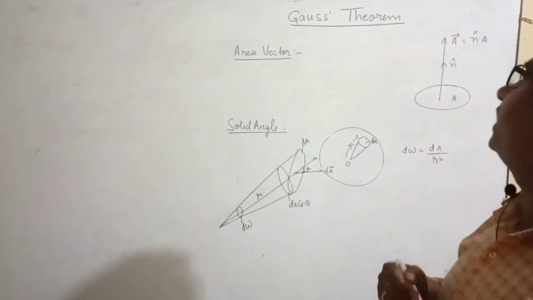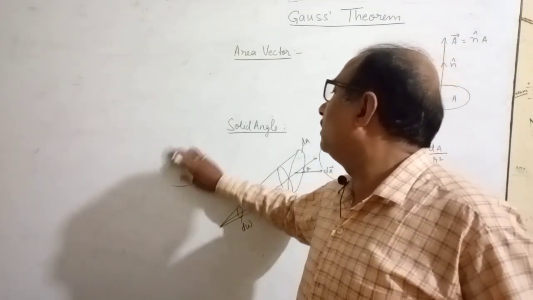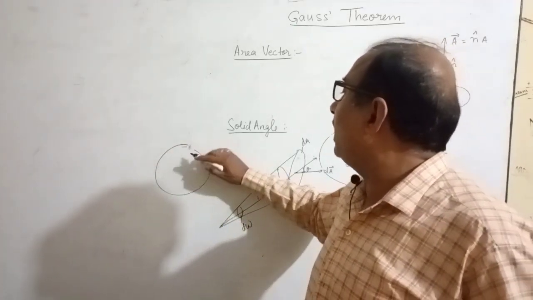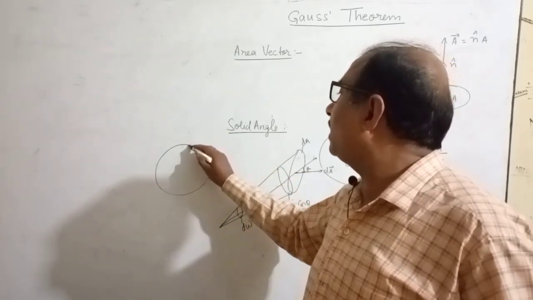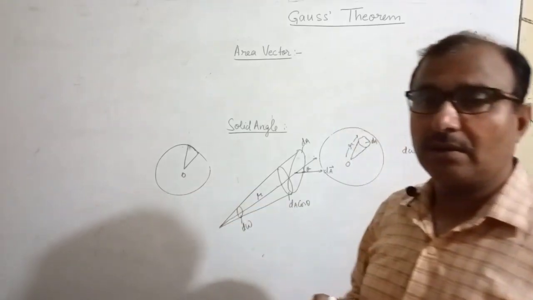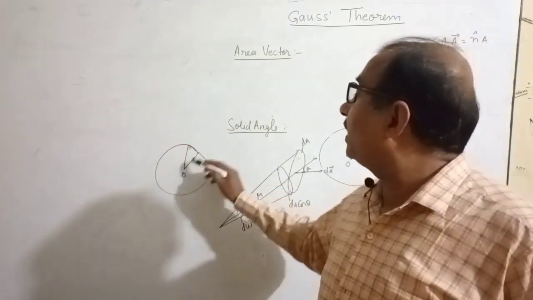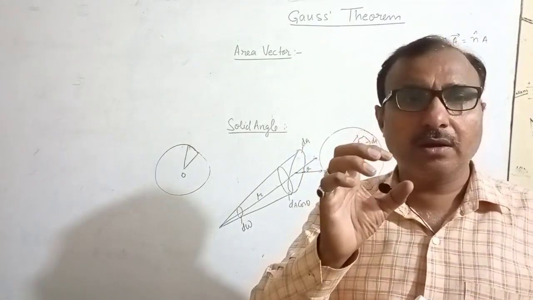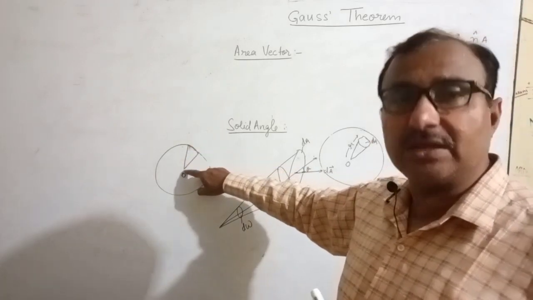Before we discuss solid angle, as you all know, if you have a circle and you take any part of the circle, it makes an angle at the center.